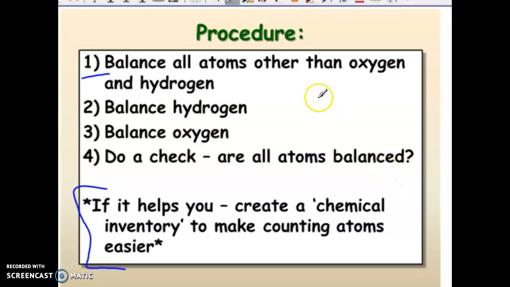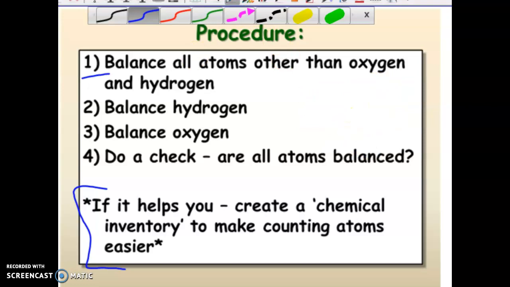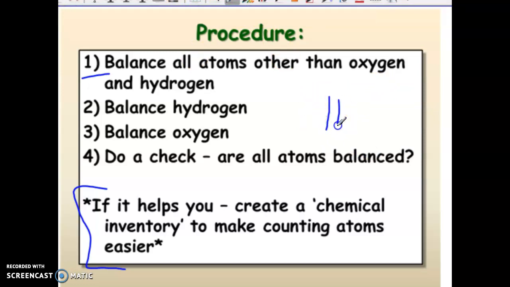But it's important, let's say I have water. If I want to change the number of hydrogens, I cannot change the hydrogen number down here because I need 2 more hydrogens. What you have to do is add coefficients to the front of your structure. So if I have H2O and I need 4 hydrogens, I have to add the coefficient, which is a big number in front of our molecular formula.